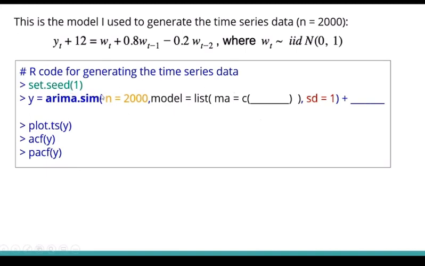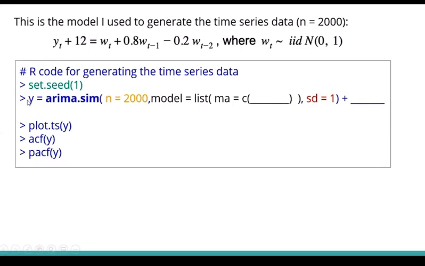If you want to simulate 2000 data sets based on this model, you just need to indicate the MA parameters: 0.8 and minus 0.2 right here. And of course, what you're going to have here is 12. That is the mean. Here is going to be 12, and here you just put the MA parameters, 0.8 and minus 0.2.